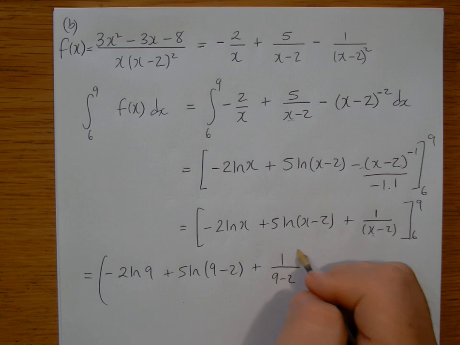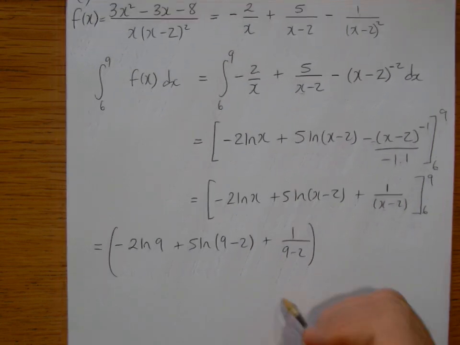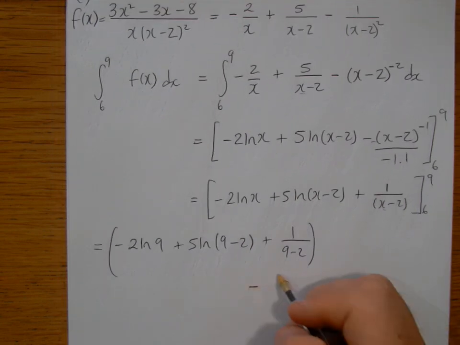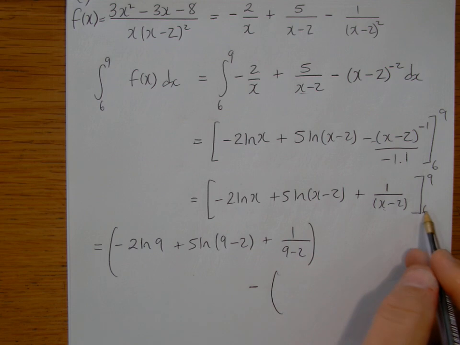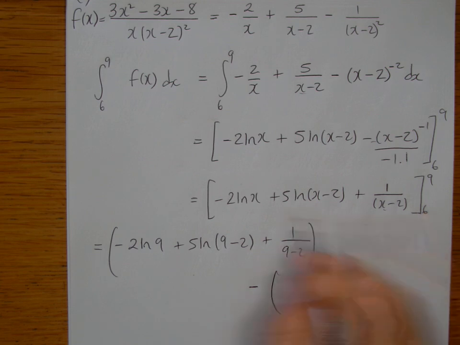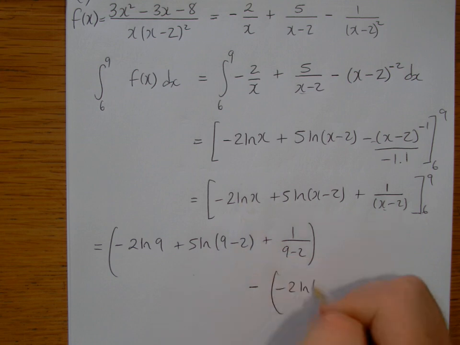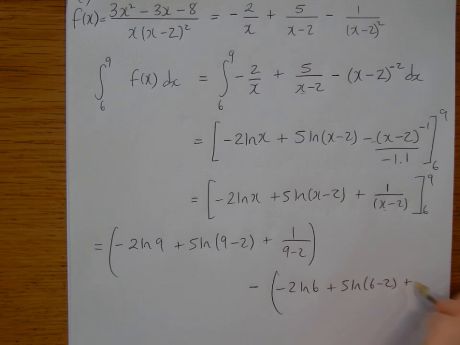Close the bracket, and then we take away, and we put the lower limit in. The lower limit is 6, so you've got minus 2 ln 6 plus 5 ln 6 minus 2, plus 1 over 6 minus 2.